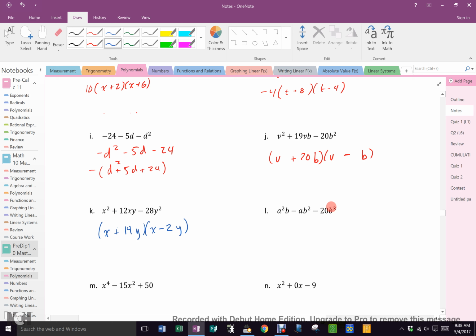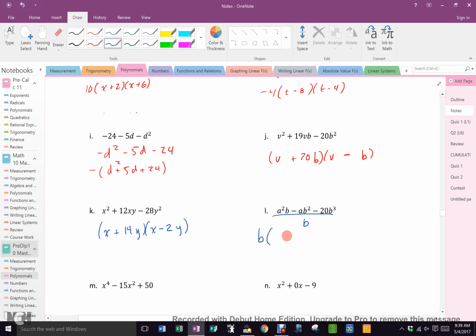Now, what's weird about L? There's a 3. There's a cubed. Have we had any cubes? So what do we got to do? Go ahead, Tavleen. I'm going to take out a B. So what do I write out here?